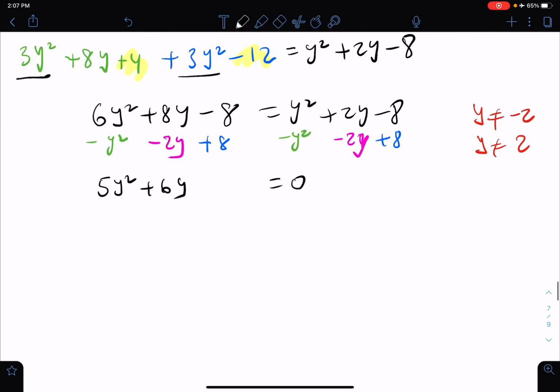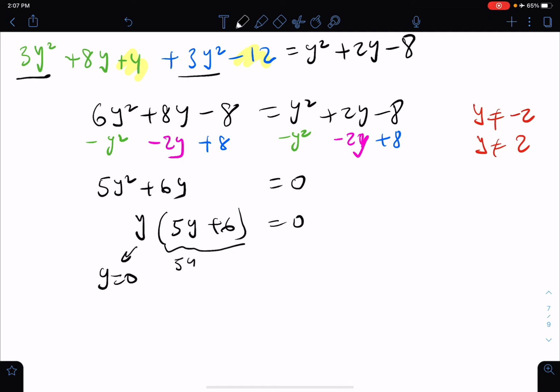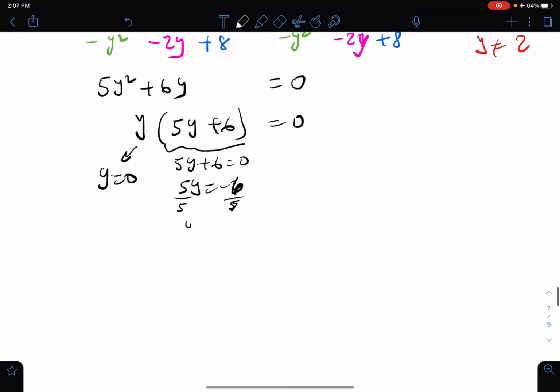And so now I factor out a common factor of y, leaving me with 5y plus 6 equals 0. Set each factor equal to 0. Set this factor 5y plus 6 equal to 0. So 5y equals negative 6. Divide by 5. Oops. And y equals negative 6/5.